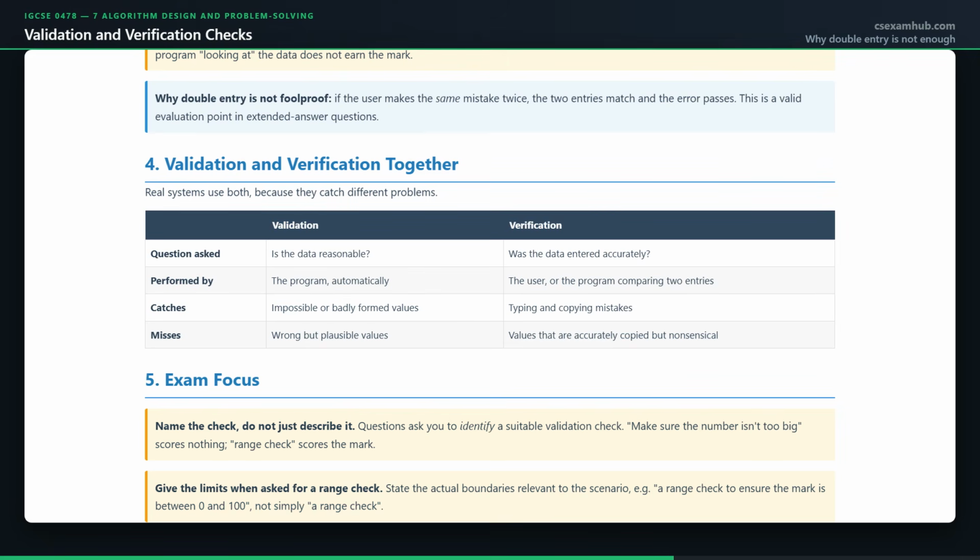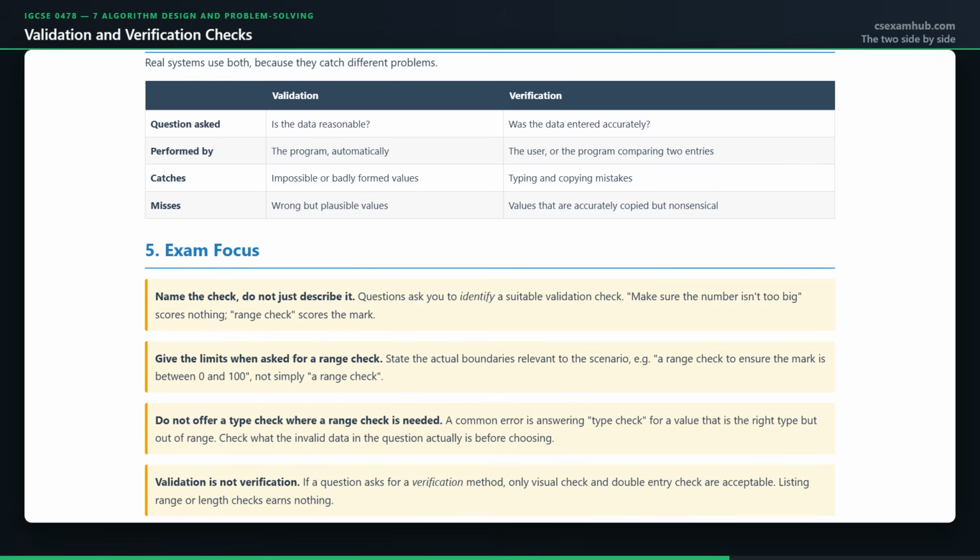Notice what this means. Double entry catches slips, which are random, but not misreadings, which are systematic. That is a genuinely useful distinction, and it is why the strongest systems combine double entry with a visual check against the source and with validation rules on top. No single check catches everything, which is the same layering argument we met in cybersecurity.